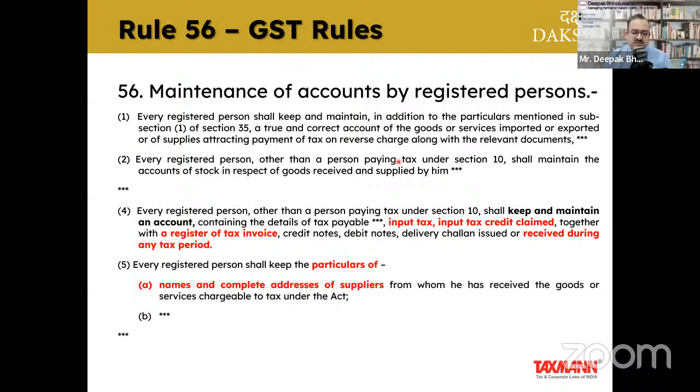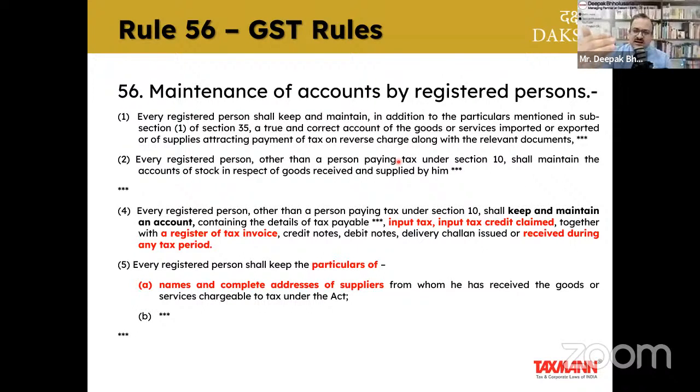But as per Rule 56(5), you need to maintain details or an account of all the suppliers with the name and complete address of the supplier. So this will help to figure out whether a particular expense is from a registered supplier, unregistered supplier, and so forth. So let's say you are using some accounting software, let's say Tally or Busy or something else. It all depends on how you do your accounting, right?